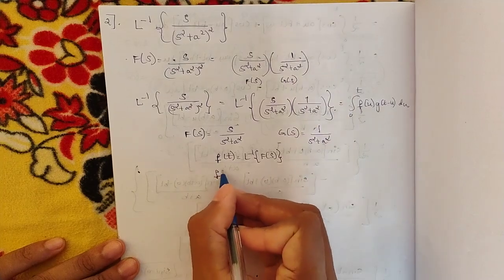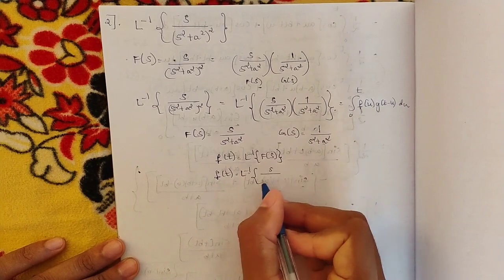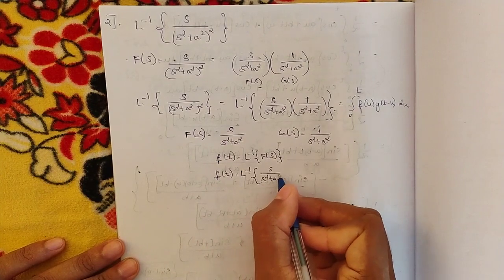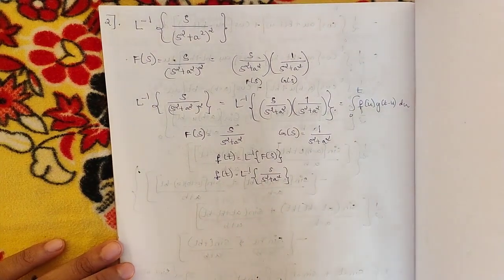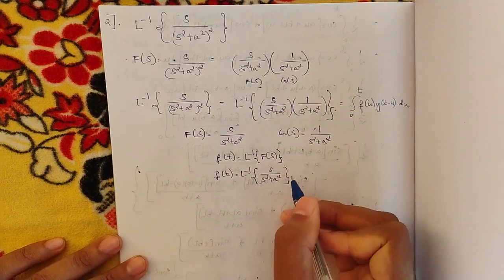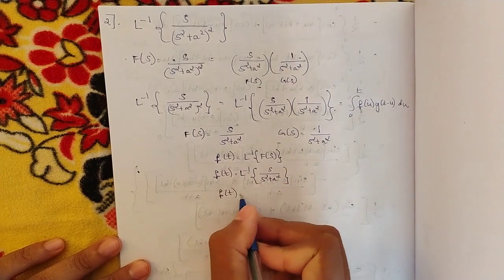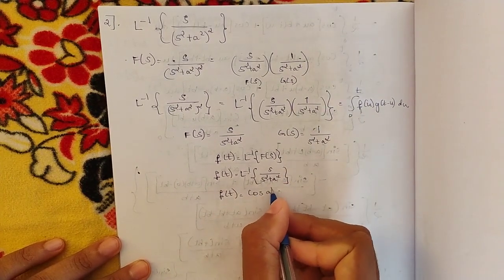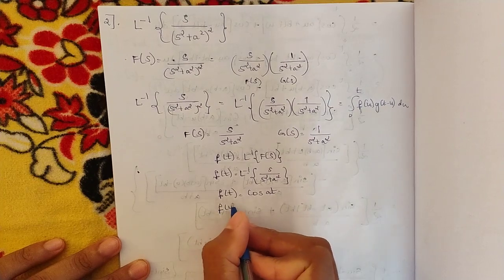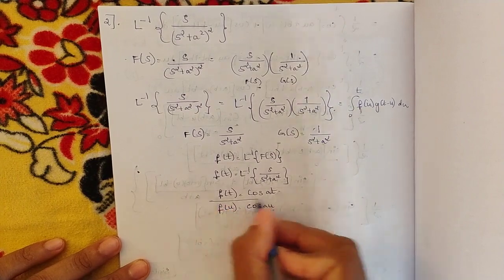So f of t would be equal to L inverse of s divided by s square plus a square, and we know that this is equal to cos at, right? So f of t would be equal to cos at. So similarly, what would be f of u? In place of t you substitute u, so cos au.